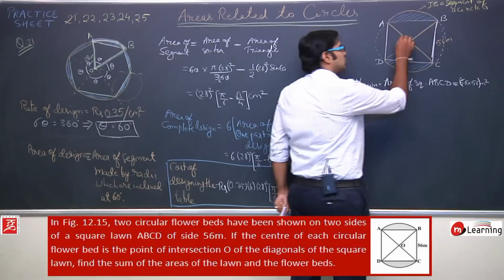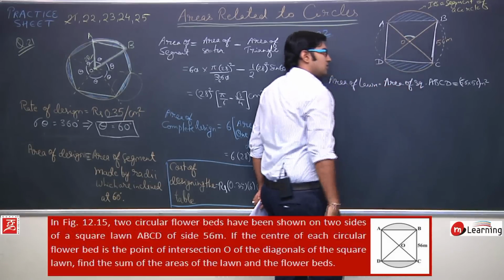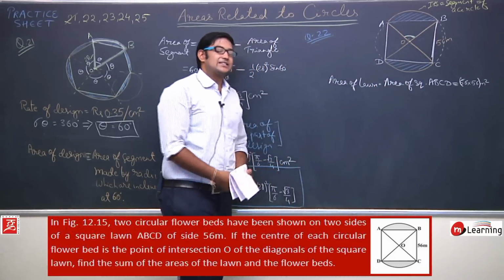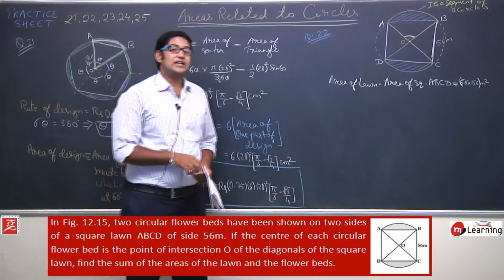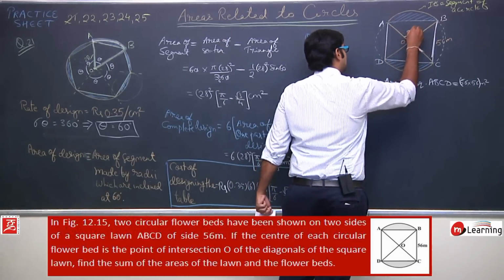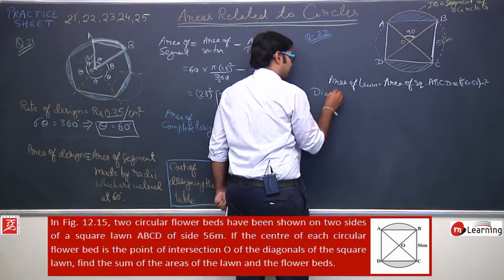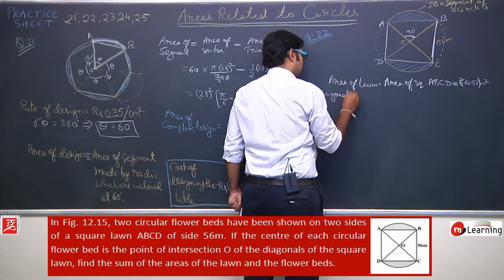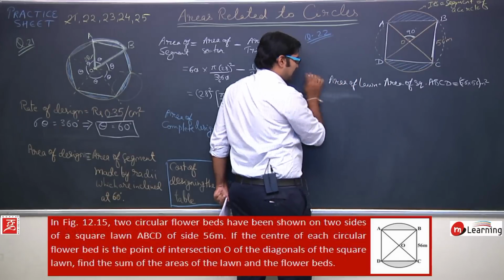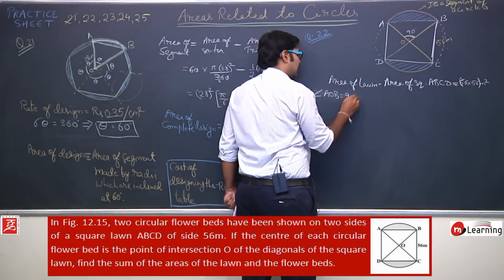And if I ask you what is the angle between these two radii, the angle between these two radii is equal to 90 degrees. Why is this angle 90 degrees? Angle AOB is equal to 90 degrees.